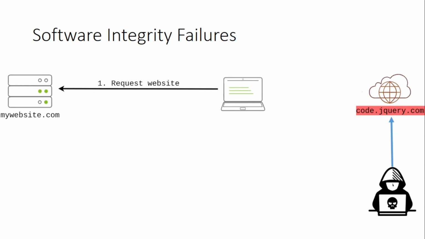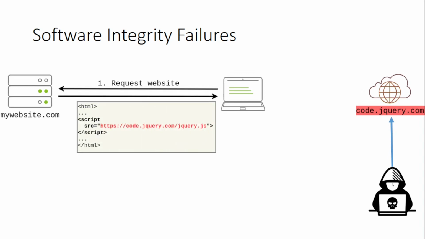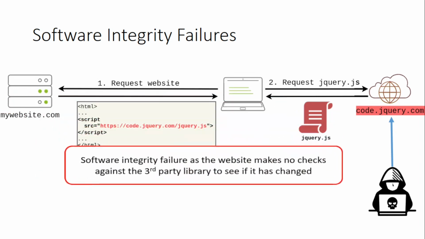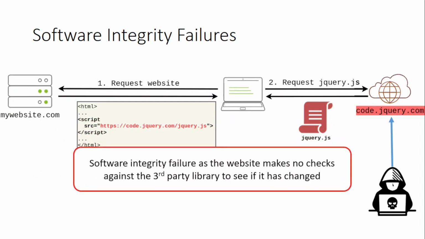When the user sends the request to the website and gets this answer, it will send a request to the server with that library, but because it was corrupted, it will get a corrupt version of the script. And depending on what the attacker has put into that script, it could be really bad for the user. So this ends up as a software integrity failure, as the website makes no checks against the third-party library to see if it has changed.